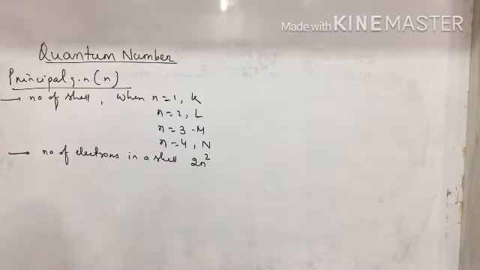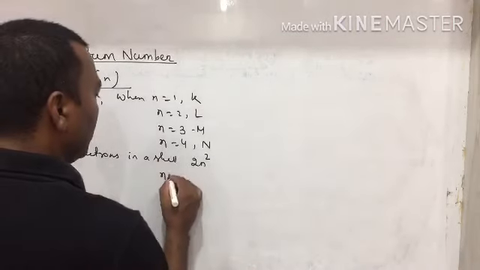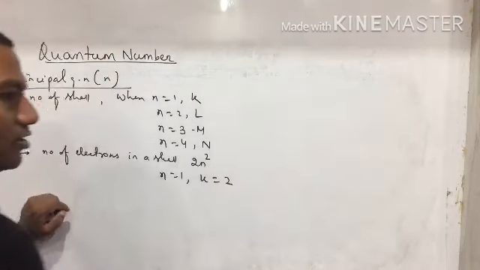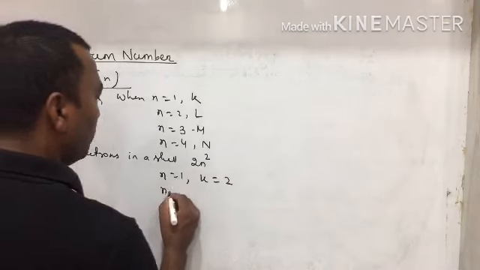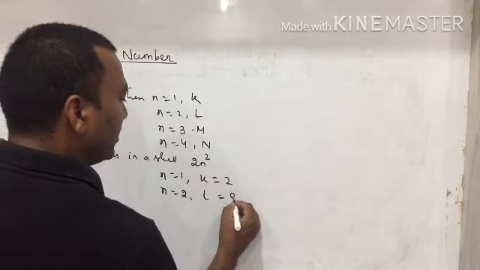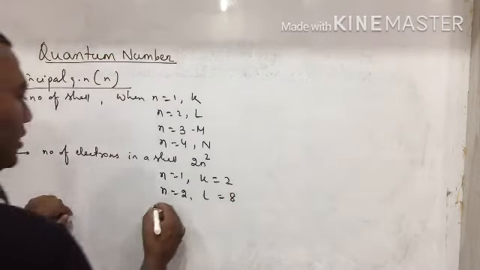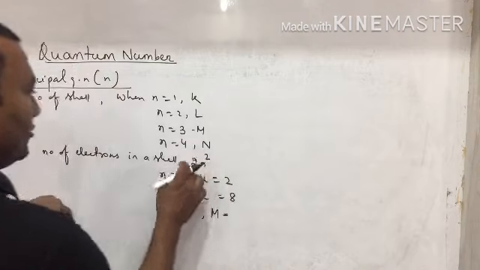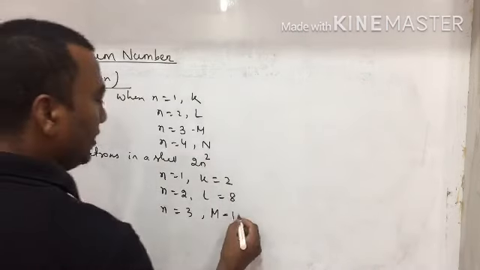If you put n equals 1, then the K cell contains how many electrons? 2. If n equals 2, the L cell, that is 2 into 2 square, which is 8. If n equals 3, the M cell, that is 2 into 3 square, which is 18.